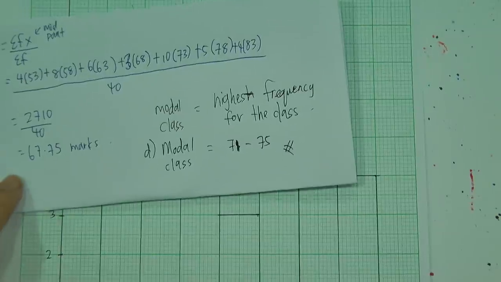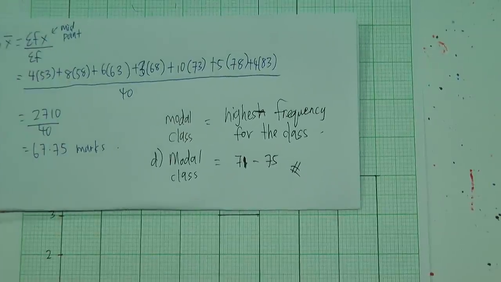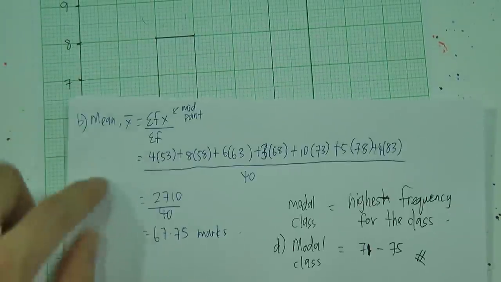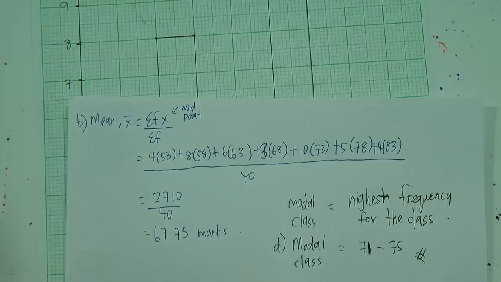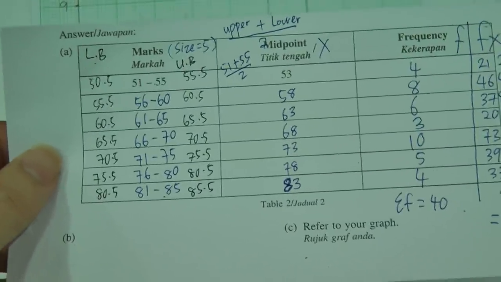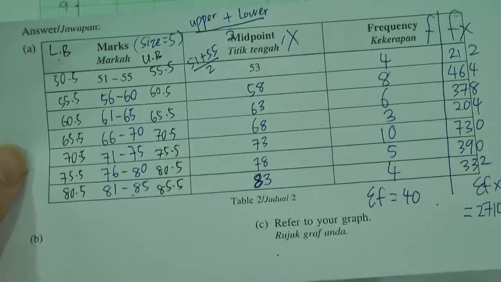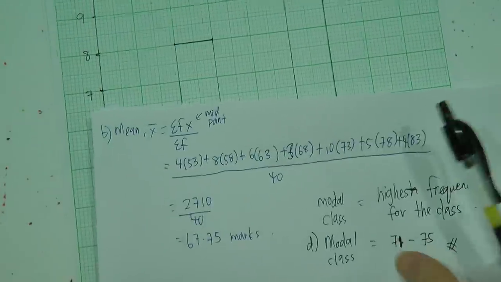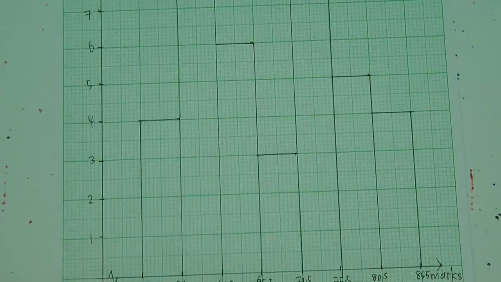Alright, so I hope this video can make you understand better how to find modal class and how to find mean, and then how to find lower boundary, upper boundary, and then how to find midpoint. Yes, and the important part is how to draw histogram.